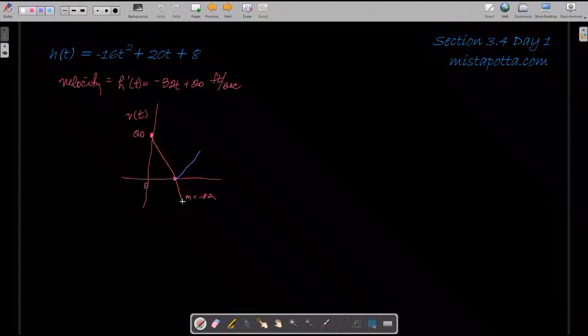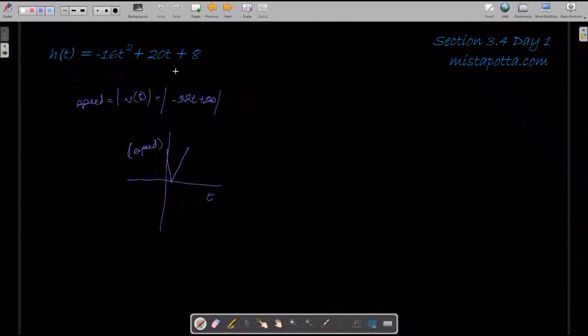But the speed that I'm experiencing, I have a speed, but I'm slowing down until a certain point where my velocity is 0. And then I start speeding up as I fall towards the earth.